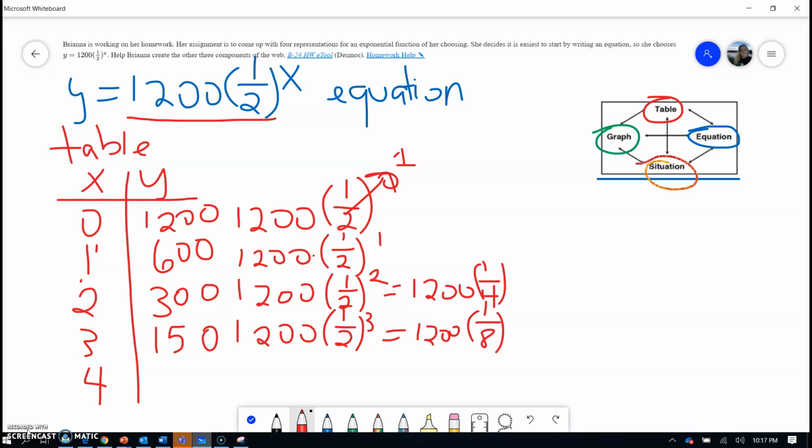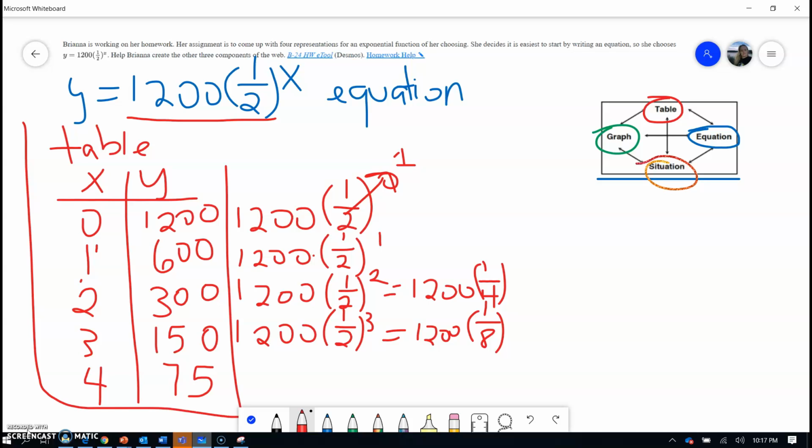And if I start to see the pattern, it looks like, oh, every time I do this, 1200 to 600 to 300 to 150, I'm going to cut in half. So I'm going to take a guess and say the next one is 75. But we can check that when we get to graph. So we've now completed, in red here, our table. We can check that. Let's go look at our graph.